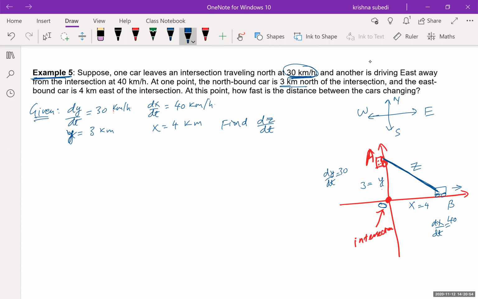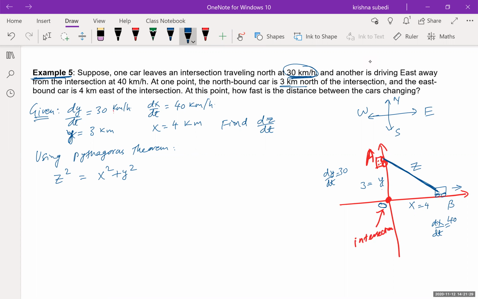Clearly, this is a right triangle again. So using the Pythagorean theorem, we can write z squared equals x squared plus y squared. Notice that in this case, x, y, z are all variables, unlike in our previous example, the ladder example, where the ladder length is constant.